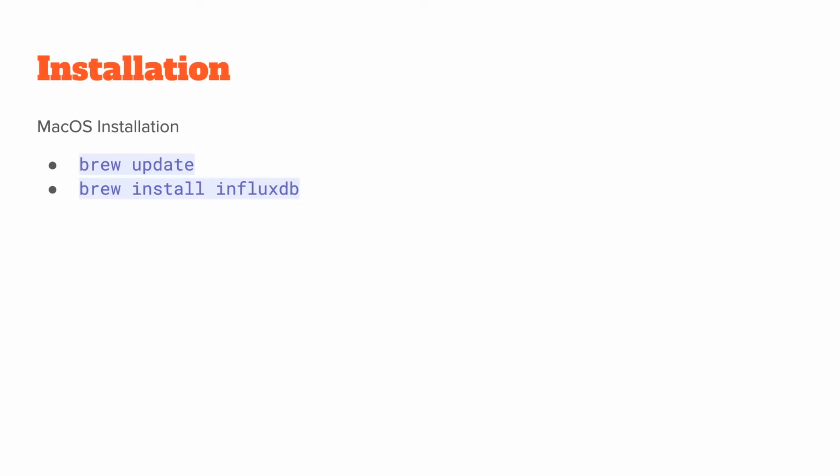So right off the bat, macOS is definitely the easiest to install. All we have to do are these 2 commands: brew update and brew install influxdb. This is dependent on the fact that you have Homebrew installed on your computer. If you do not, I highly recommend installing it, as it makes installations super easy.